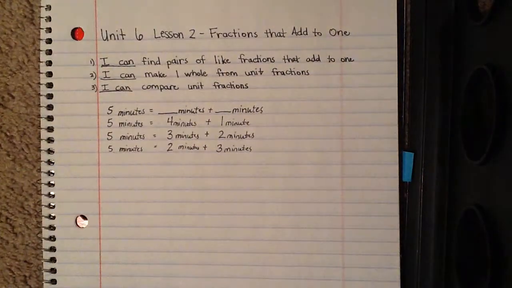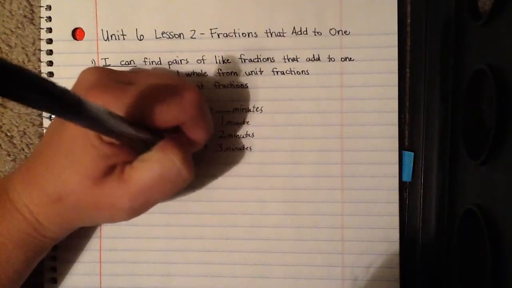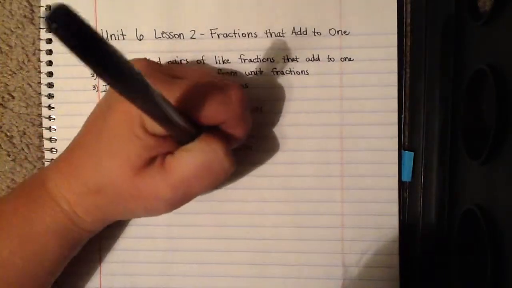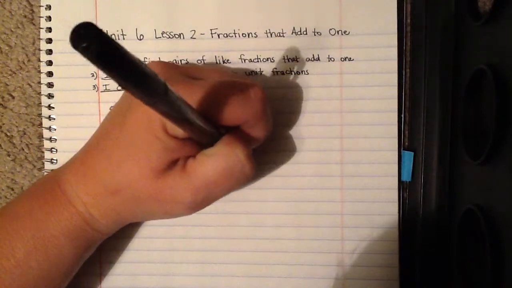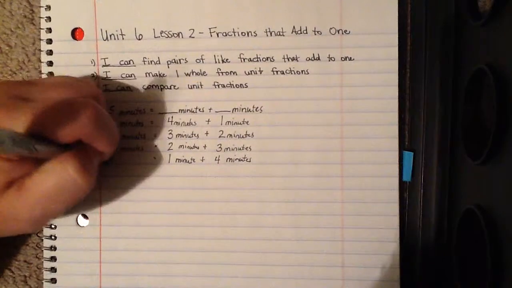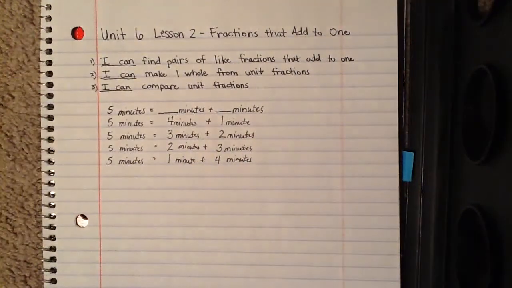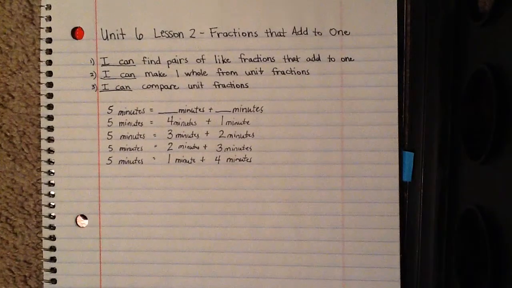And again, the last one I can do is 1 minute plus 4 minutes equals 5 minutes. What we just did here in that problem is the same process that we will use to find pairs of fractions that add to one whole.